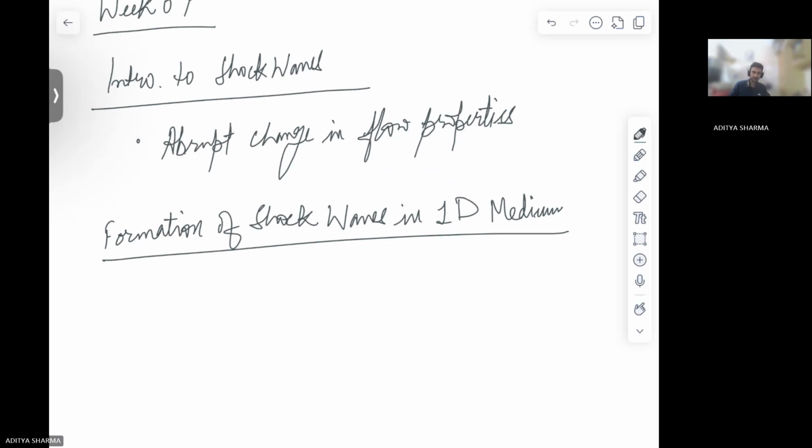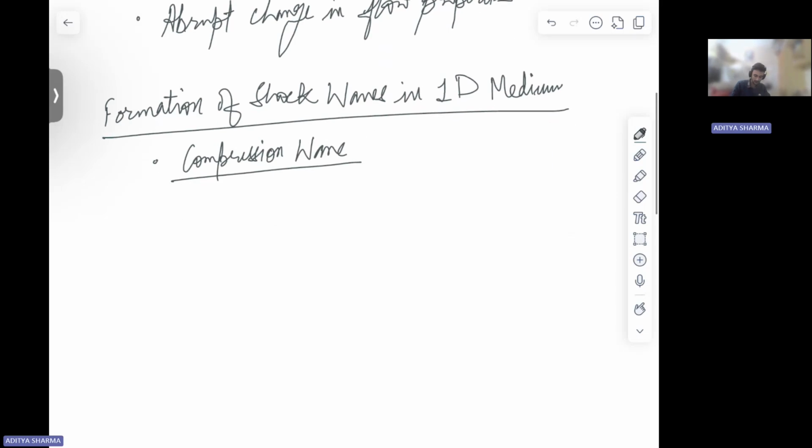It first starts with a compression wave. This modeling has been shown by means of a piston. Let's say we have a cylinder and a piston.